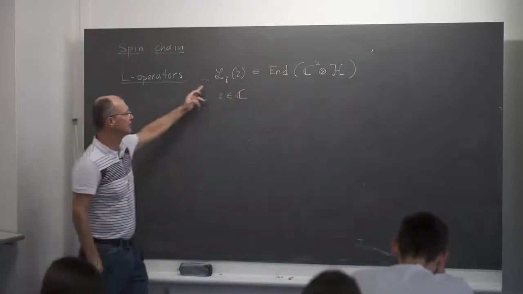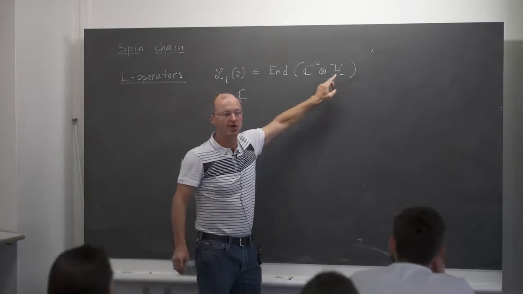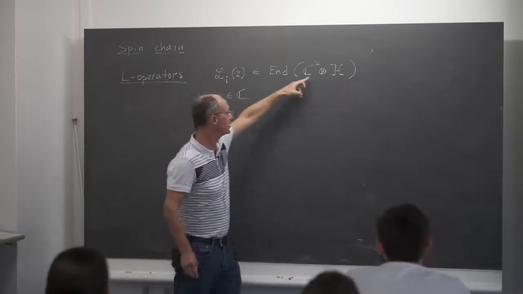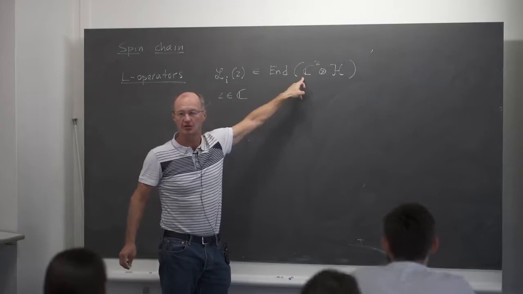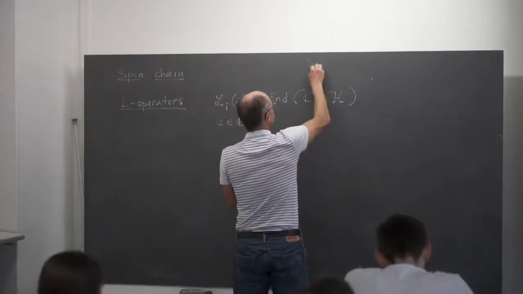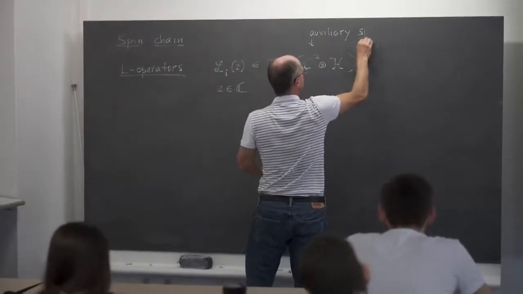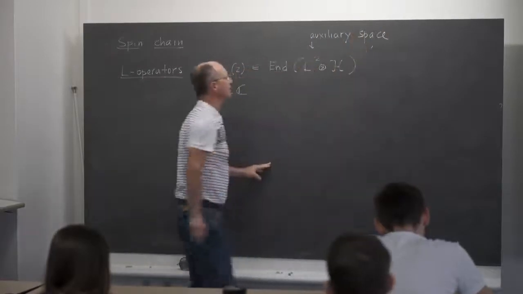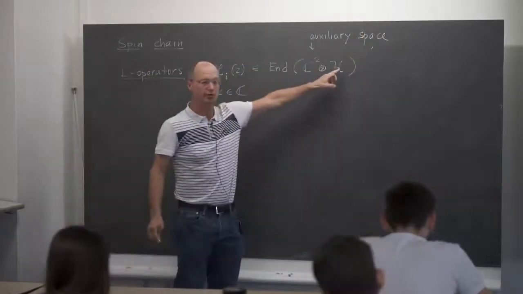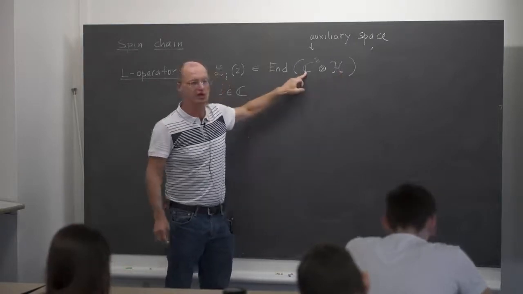And crucially, they are not operators acting on H. They are operators acting on H tensor one more copy of C2, which is called an auxiliary space. Recall that in H, we already have n copies of C2. But now we add one more.